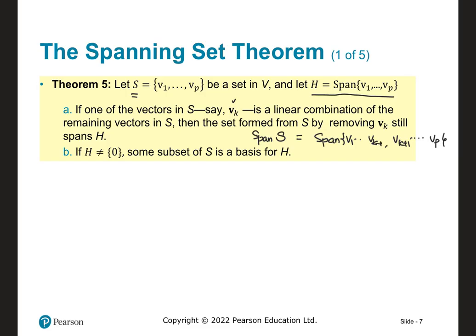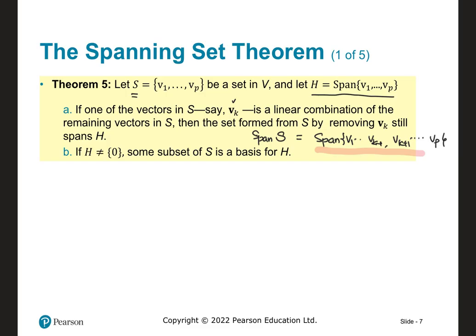Given two sets, the span of S and the span of these p minus 1 vectors, first of all, the set on the right is definitely a subset of span of S, right? Because if you generate any vector with those p minus 1 vectors, it is a vector in the span of S. Do you understand this?